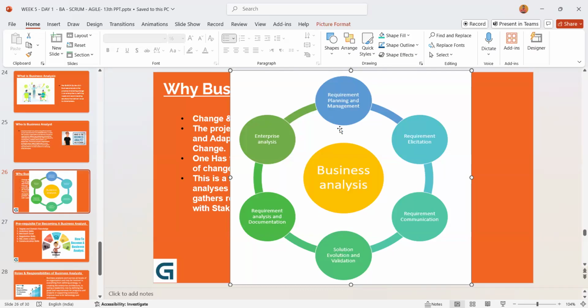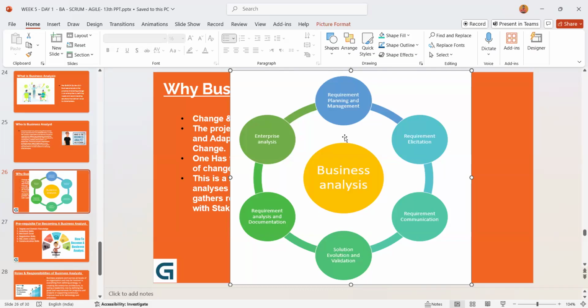Then you continue to save the requirement which has been documented, plan ahead how to incorporate it, and continue to manage those requirements which are evolving. This continues to be part of the process, which you can call requirement evolution.